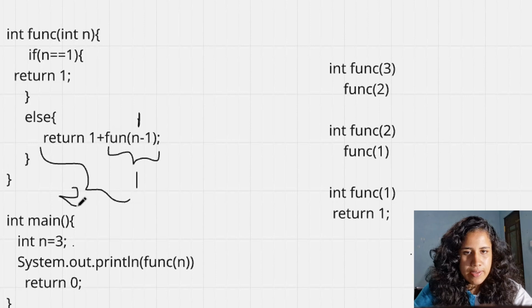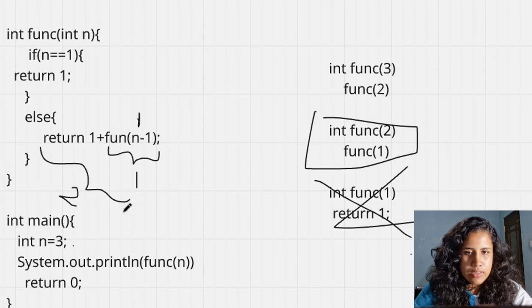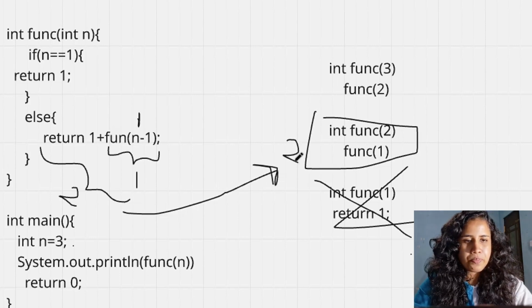So here, when the function parameter is 2, it will give us 2, which means 1 plus 2 is 3. So this will also be executed.